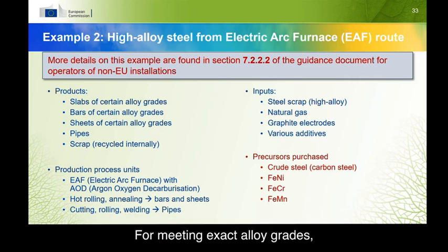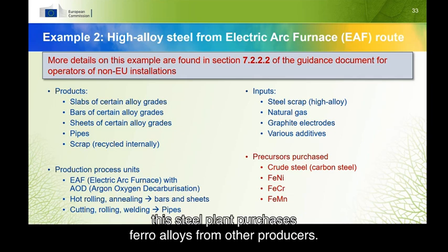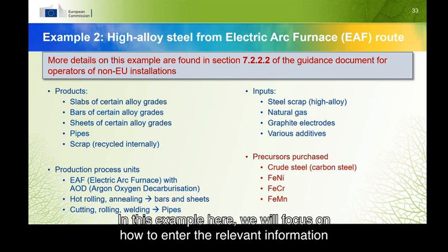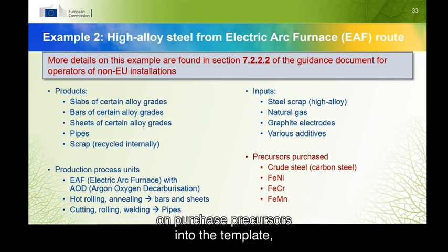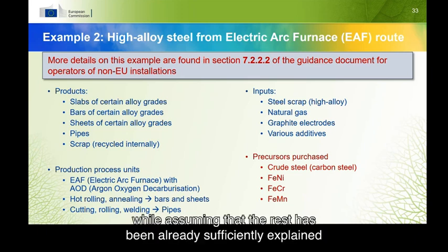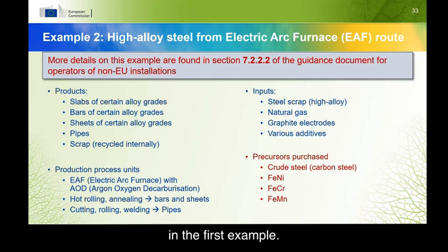For meeting exact alloy grades, this steel plant purchases ferroalloys from other producers. In this example, we will focus on how to enter the relevant information on purchased precursors into the template, while assuming that the rest has already been sufficiently explained in the first example.